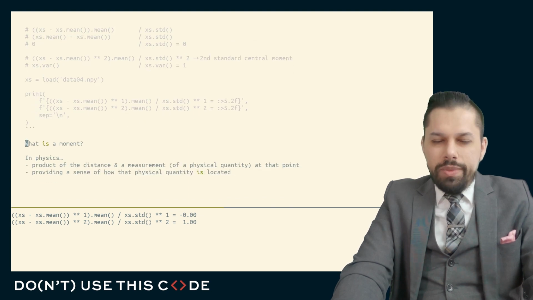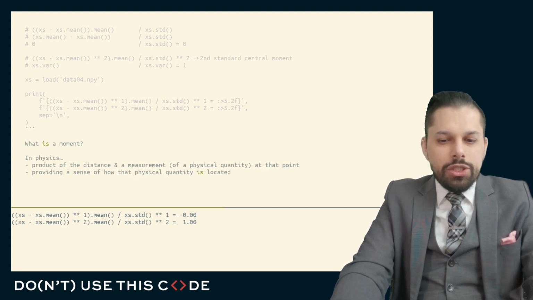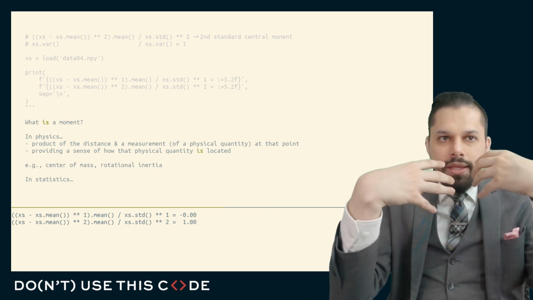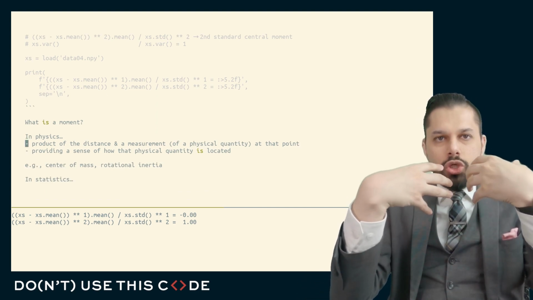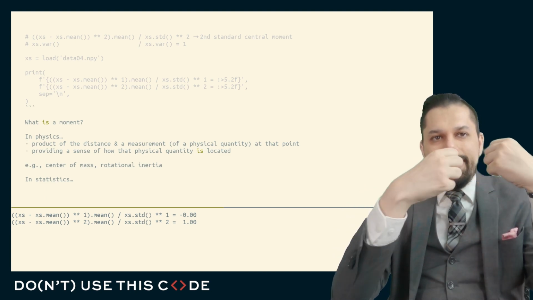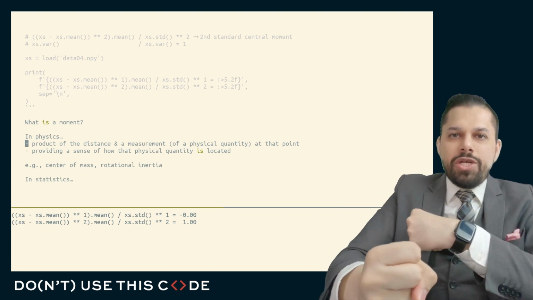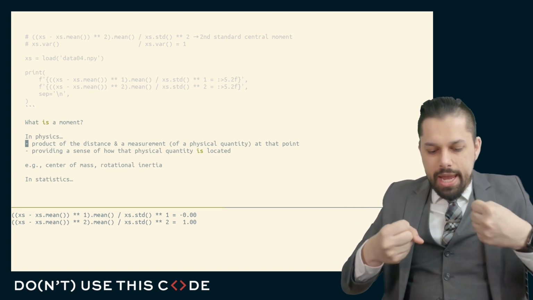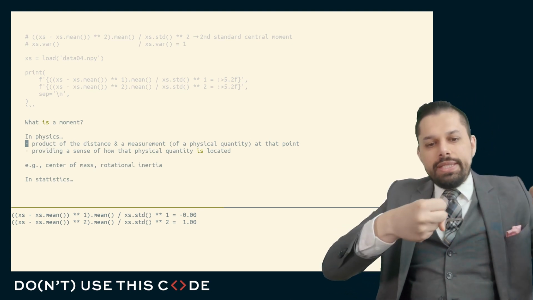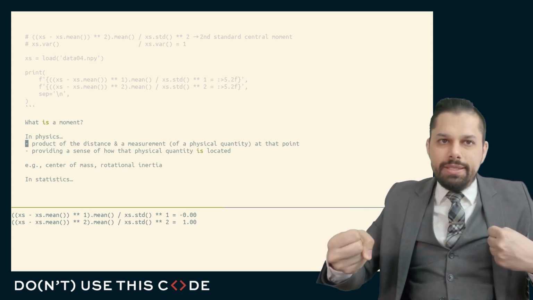Now, I've said the word moment many times, and I want to give you an intuition for what all of this really means. If you learn the term moment in the field of physics, you'll learn it in terms of some measurement, some calculation that is a product of a distance and some measurement of a physical quantity. And the idea here is we're trying to give a sense for how these things are located or distributed in space.